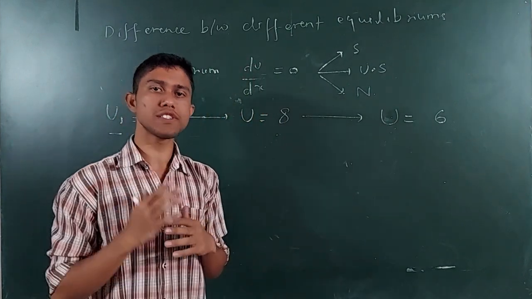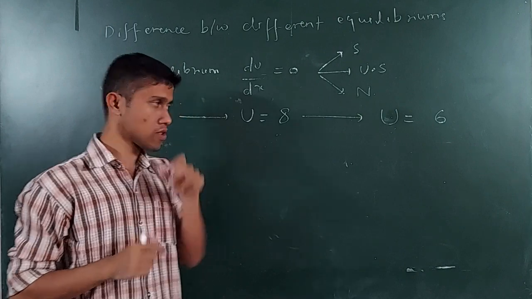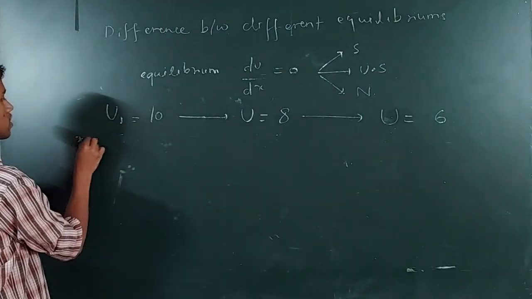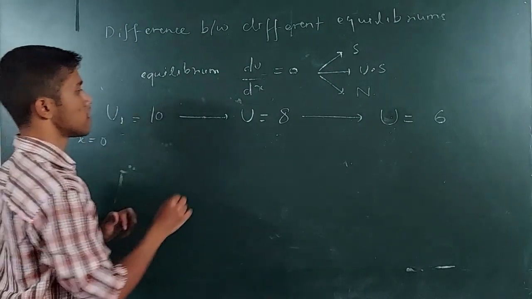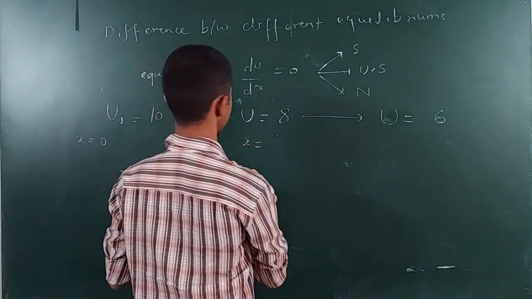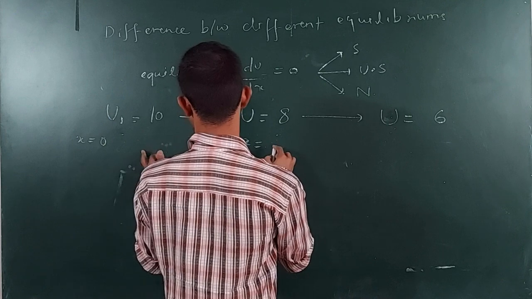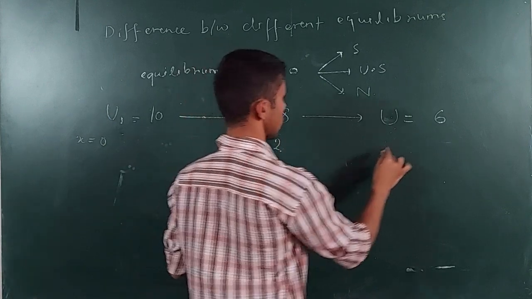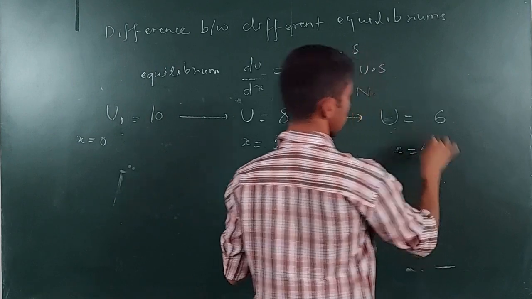So now tell me what is du by dx. Okay, suppose here x was 0, here x was 2, and suppose here x was 4.